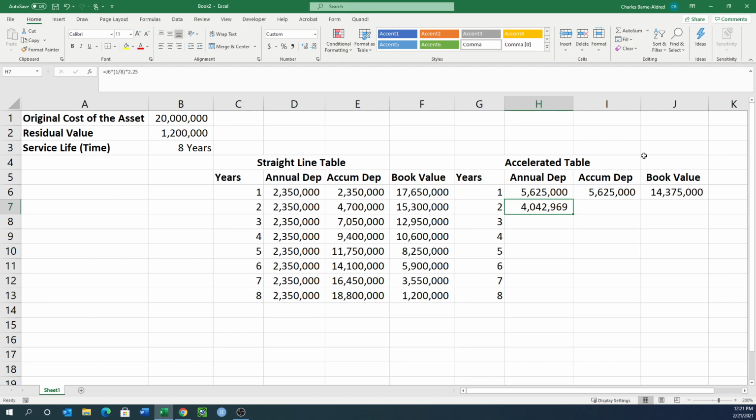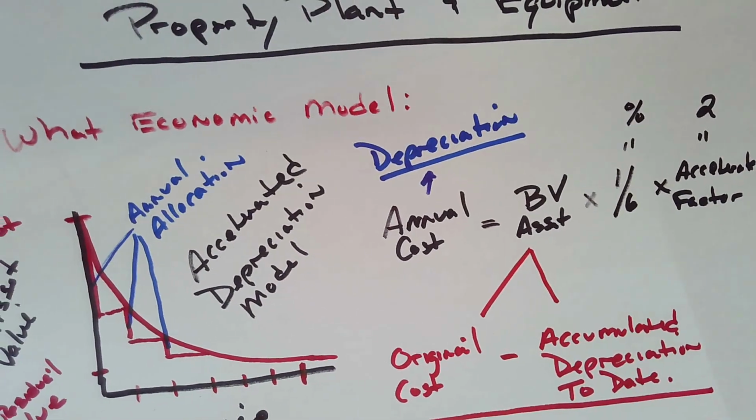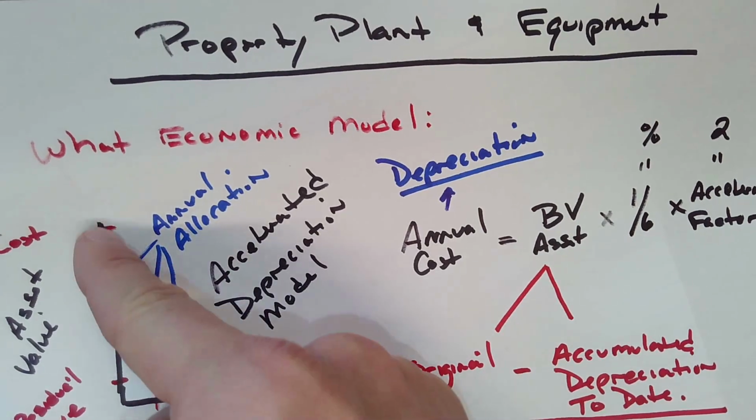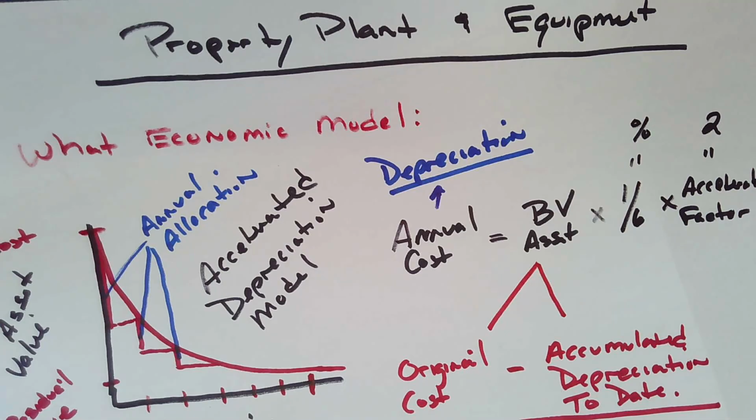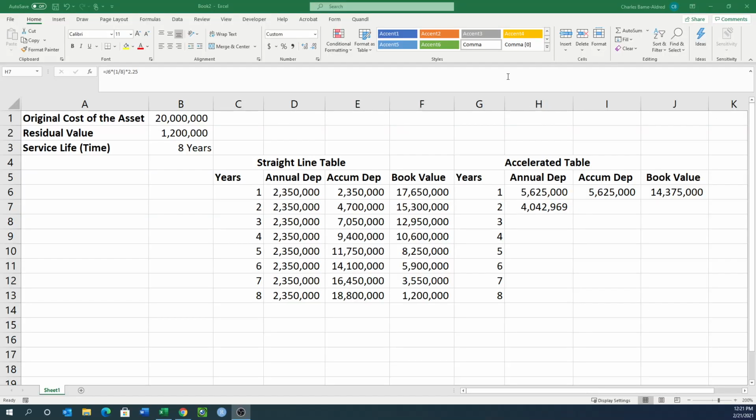It's that little, if you recall, the second year less than the first year, third less than the second year, on and on and on. So we're going to go through and say, okay, well, what's our accumulated depreciation now? My accumulated depreciation is going to be equal to this plus last year's accumulated depreciation.